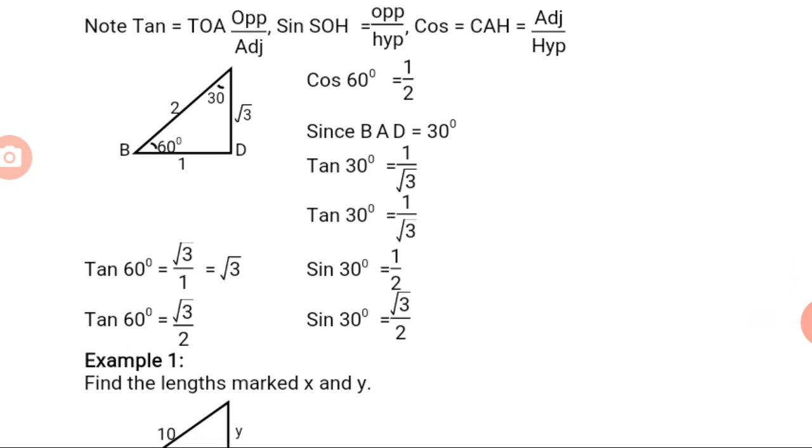Now, tan 30 degrees is 1 all over root 3, while sine 30 degrees is 1 all over 2, while cos 30 degrees is root 3 all over 2.